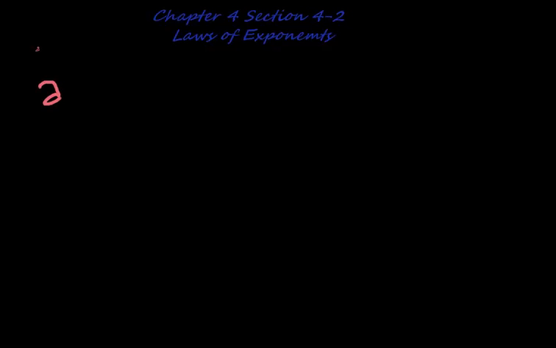If we have any monomial or expression with a variable, so we have a here, and a has an exponent, and it's always understood that the exponent is 1 if it's not listed, and we want to multiply by a to the third.